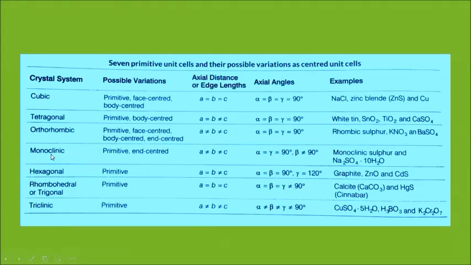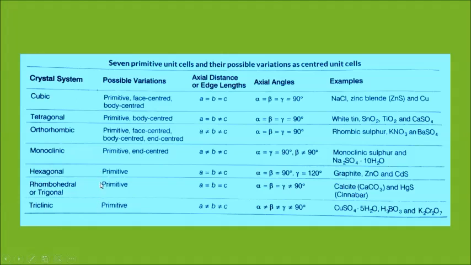Next, what you can remember is monoclinic, primitive and end-centered. Tetragonal, primitive and body-centered. And cubic, primitive, face-centered, and body-centered. That means tetragonal and monoclinic have 2 possible variations, and cubic has 3. Orthorhombic has 4.